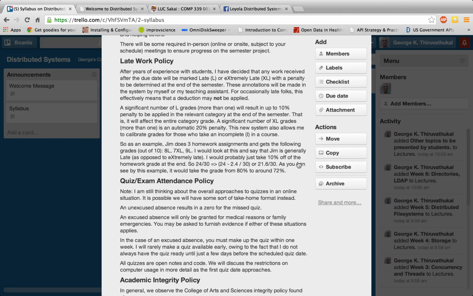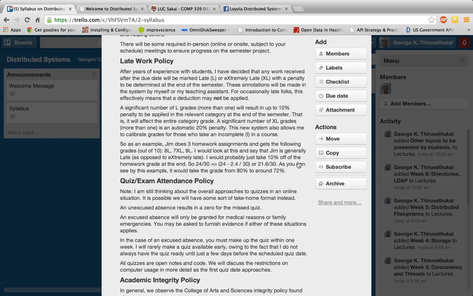If you have a lot of L grades, then you should expect that you could have any number of percentage points up to 10% removed from that category. The categories where late applies, by the way, are homework, the lecture, and the project. Obviously, you cannot really be late on a quiz because you'll just get a 0 if you don't do it.